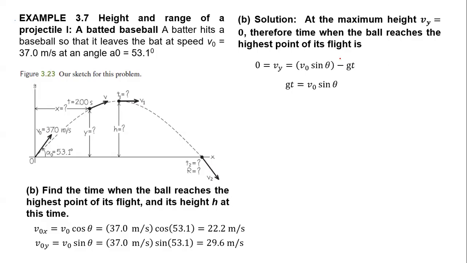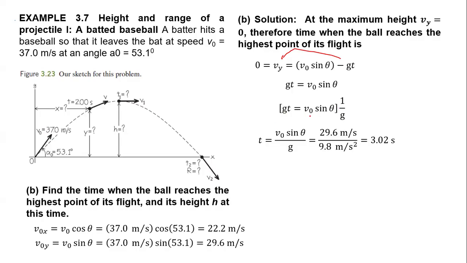So you transpose this to the other side and multiply both sides by 1 over g, and the right hand side will become t equals v sub o sine alpha sub o over g. So we already calculated the v sub o sine alpha sub o. So we have 29.6 meters per second over 9.8. So this is equal to 3.02 seconds.